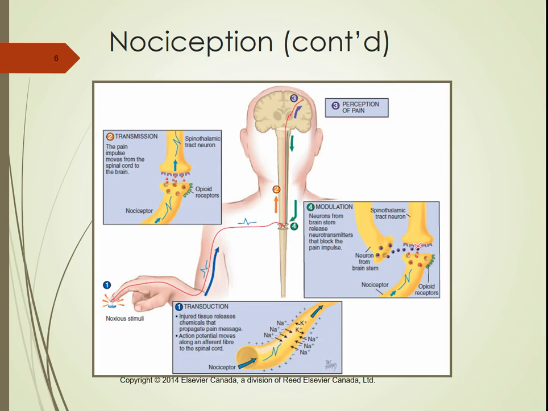And then we have the modulation of the pain, where the neurons of the brain are released, and now the neurotransmitters that block the impulse of that pain are sent back down to the actual site, down your spinal cord, go across to the opposite side again and back out to your finger, and you stop feeling.